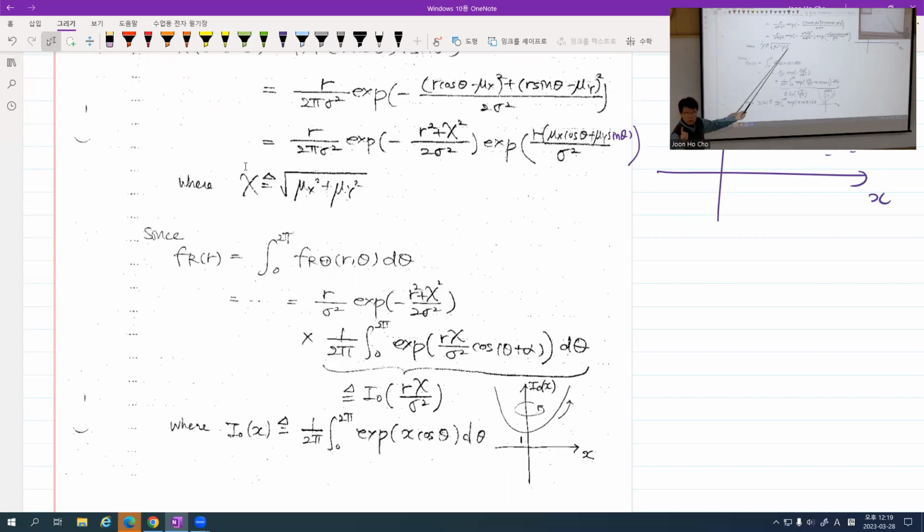If x and y have the same unit, of course we can add their squares. And what's the unit of this chi? It has the same unit as x and the same unit as y. Now take a look at the unit of the numerator. R has a unit, for example meters. Chi has unit meters, and sigma has unit meters.